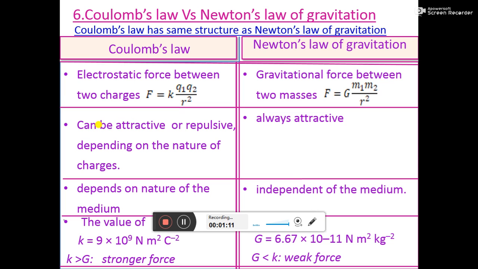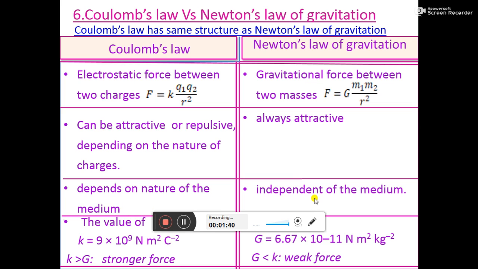The next one is that electrostatic force can be attractive or repulsive depending on the nature of the charges, whereas gravitational force is always attractive. The third point is electrostatic force depends on the nature of the medium in which the two point charges are kept.